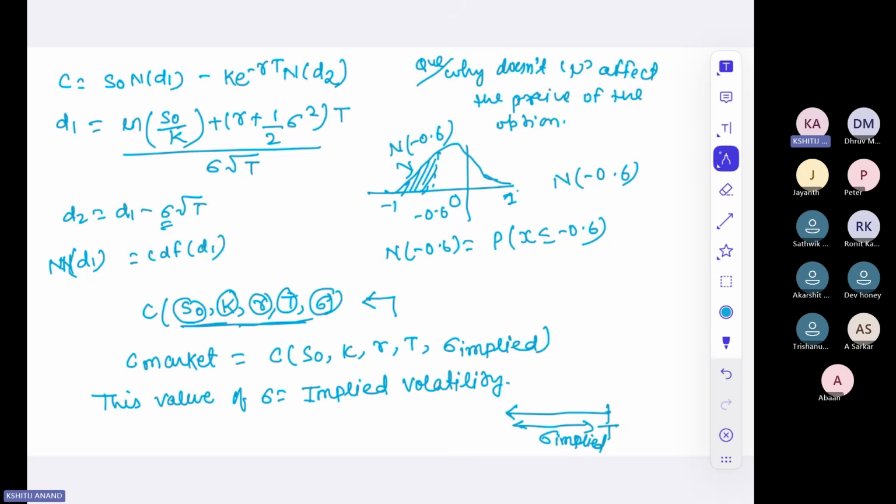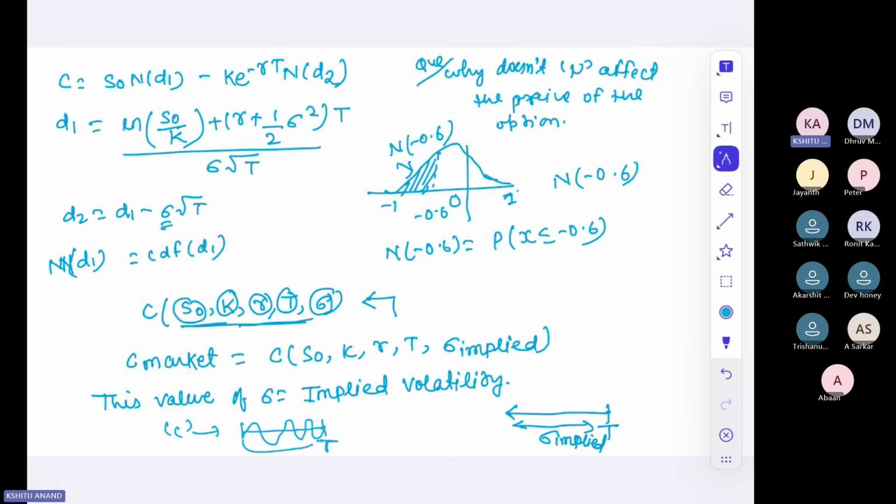This particular call option price signifies the expectation of where the stock can go from today to the expiry date, right? This whole path will basically determine what will be the price of that call option.